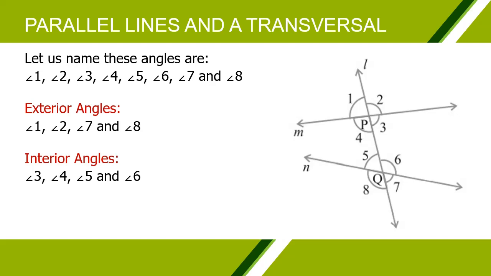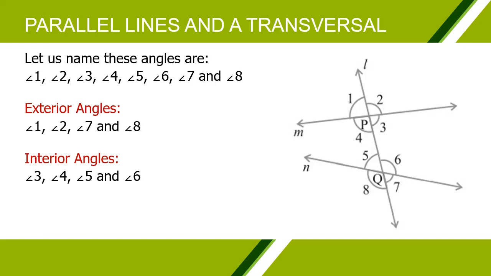Now we will talk about exterior angles. An exterior angle is an angle formed by a transversal as it cuts one of two lines and situated on the outside of the line. According to the definition, exterior angles in our figure are angle 1, angle 2, angle 7 and angle 8.